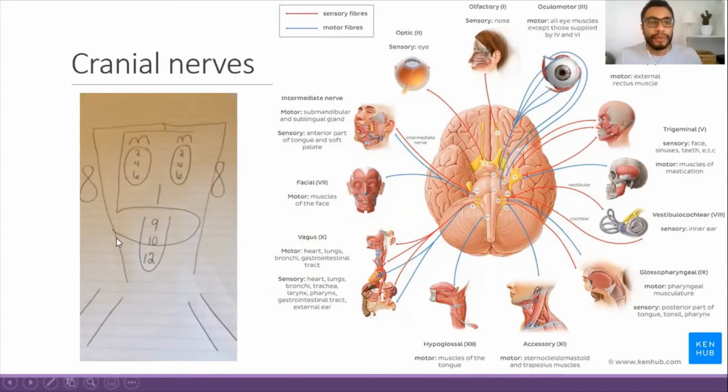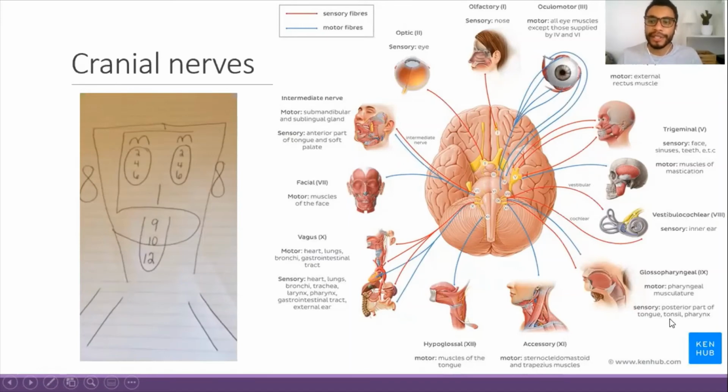Then we have number 9, 10, and 12. So we draw a tongue here. Number 9 is the glossopharyngeal nerve. The glossopharyngeal nerve is a mixed nerve.